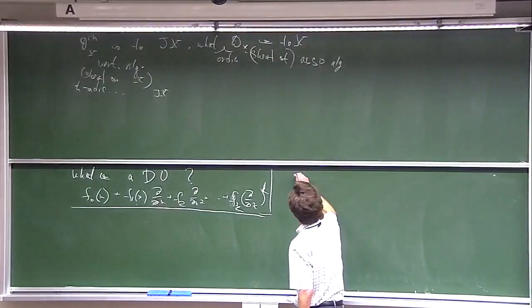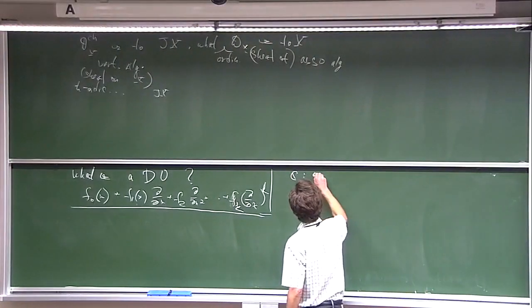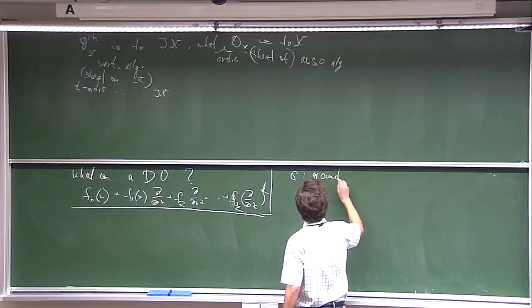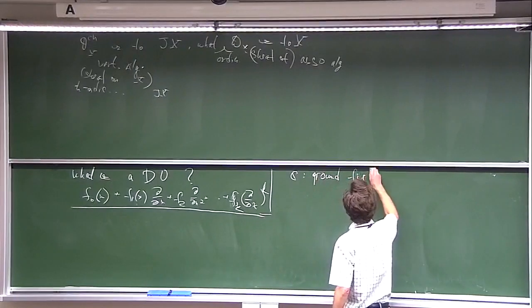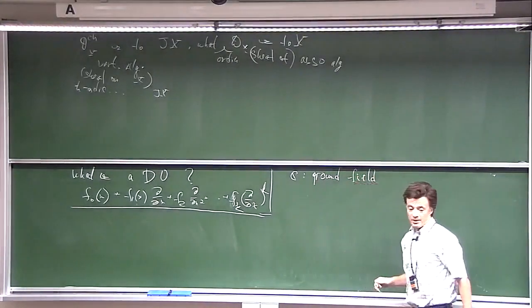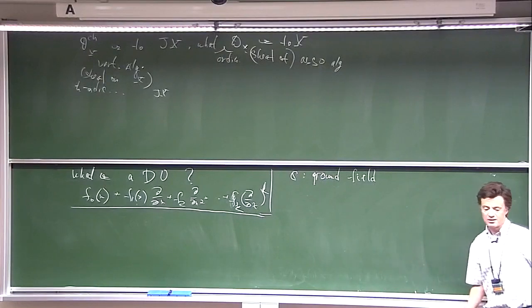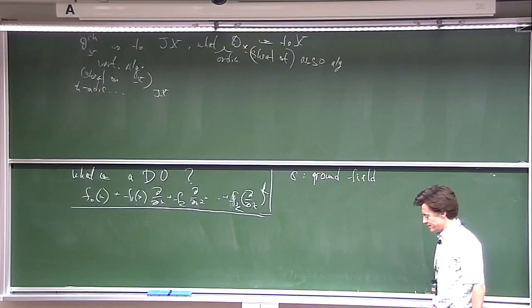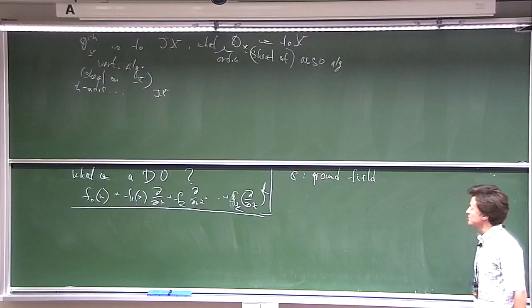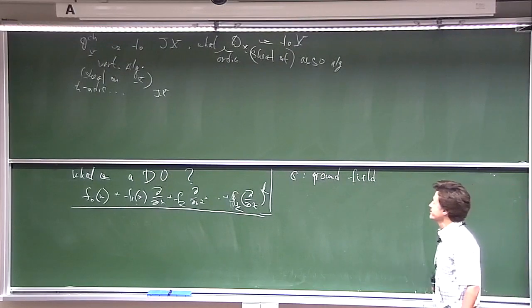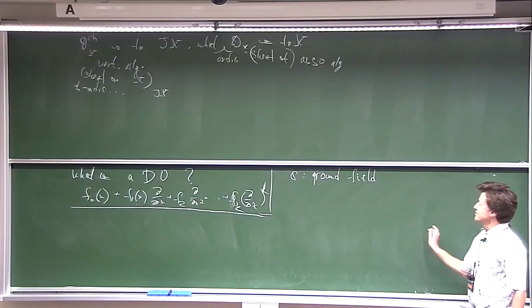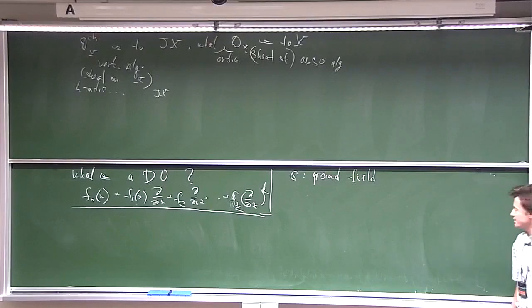So, C will always be the ground field, although as far as I can see, if you replace it with any algebraically closed field of characteristic 0, there will be no difference.